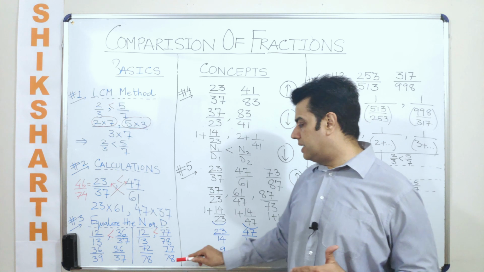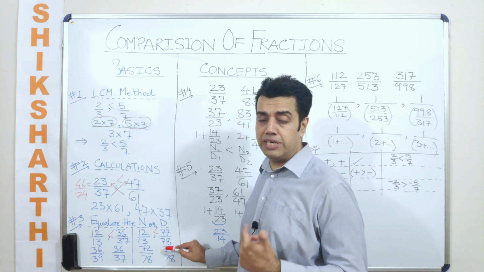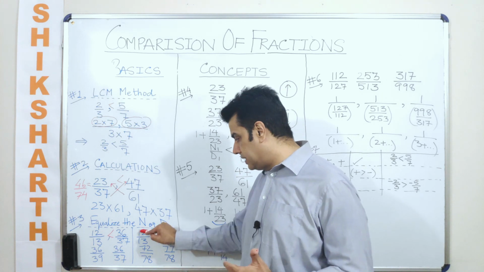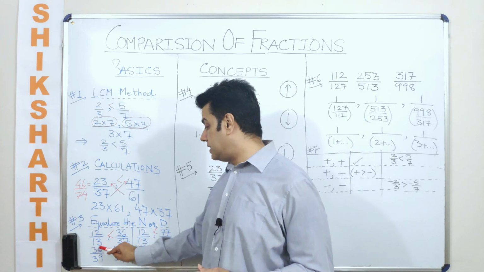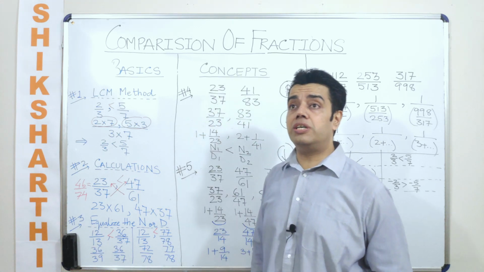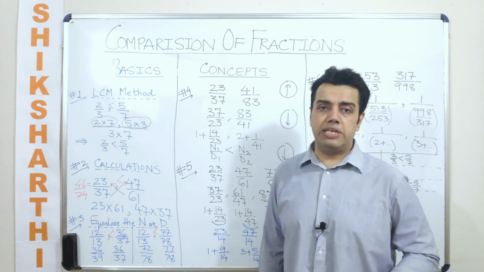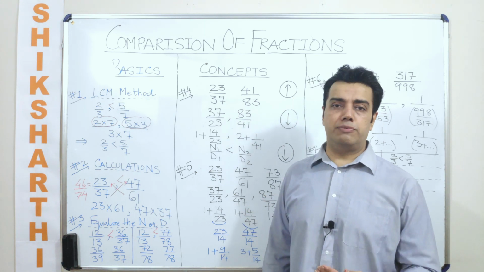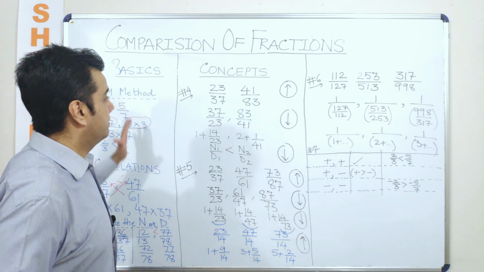Which is why we said that if the denominators are equal, the fraction having a greater numerator will be greater than the other fraction. And if the numerators are the same, then the fraction having a larger denominator will be the smaller between the two. Why? Because the denominator of a fraction is inversely proportional to the fraction. Now taking this discussion forward.